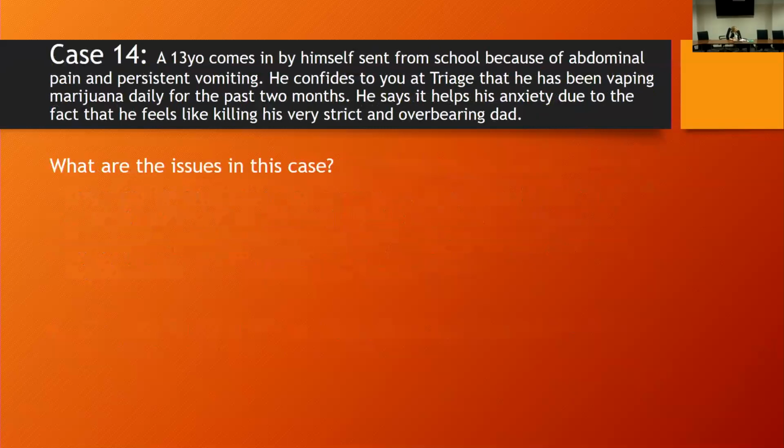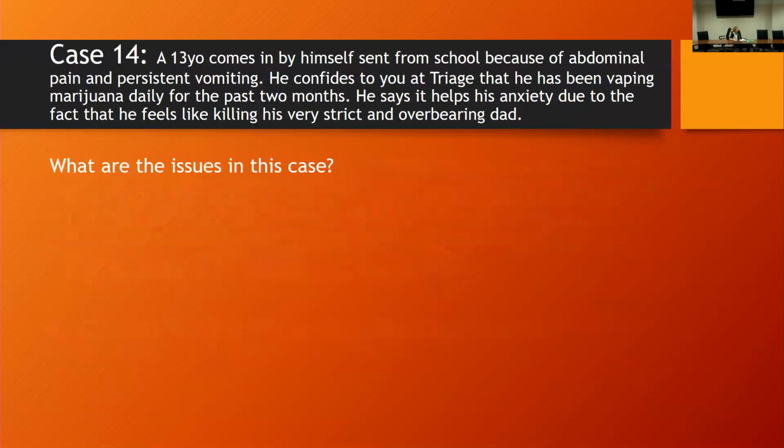Okay, this one, I didn't even remember. I added this one, I didn't think I'd have a long enough presentation. A 13-year-old comes in by himself from school because of abdominal pain and persistent vomiting. He confides in triage that he's been vaping marijuana daily for the past 2 months. It helps his anxiety, and he feels like killing his very strict and overbearing dad.